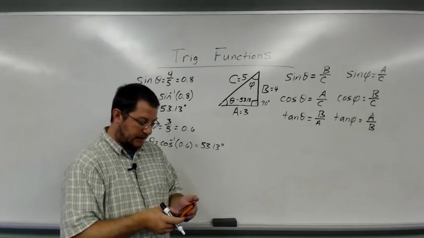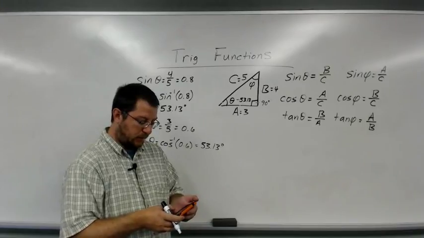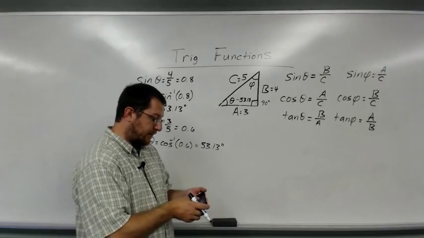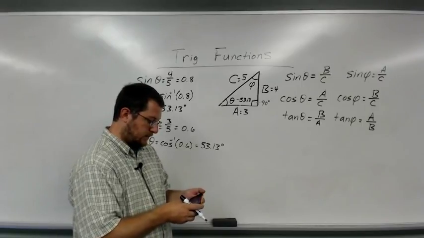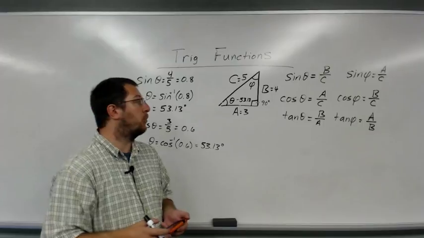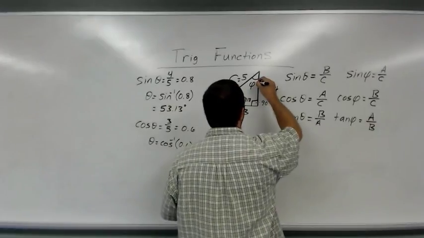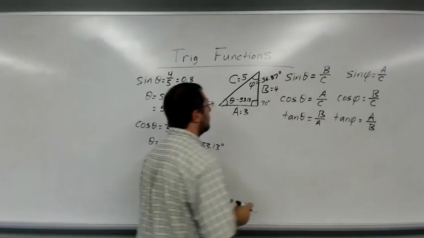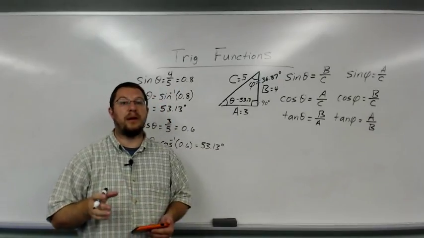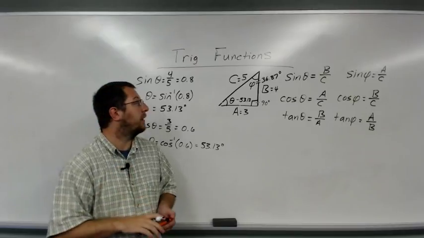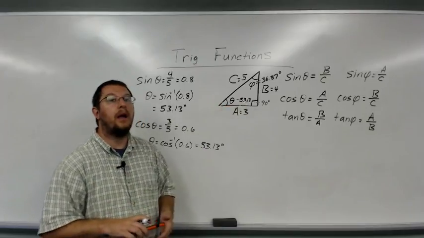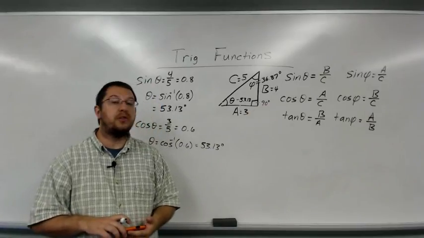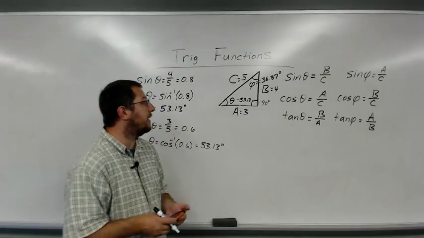So if I take 90 plus 53.13, I get 143.13, and if I subtract that from 180, I get 36.87. So this should be 36.87 degrees. Now there's going to be some rounding, so it might not come out to be exactly that because this number was rounded. But when I find the angle phi, I should find 36.87 degrees.